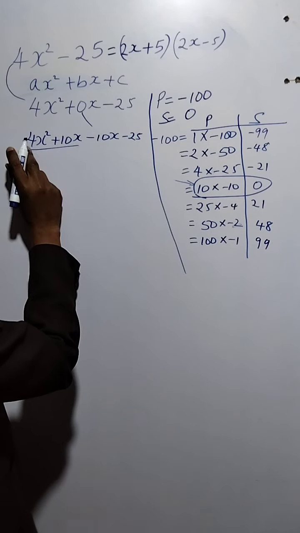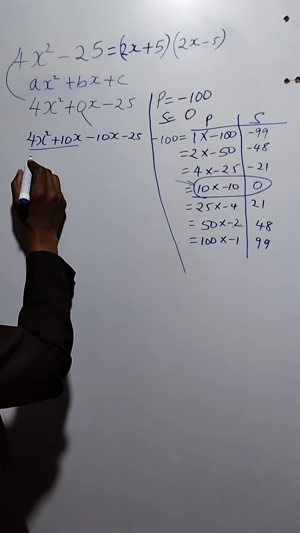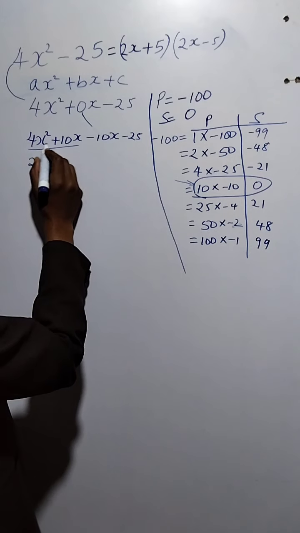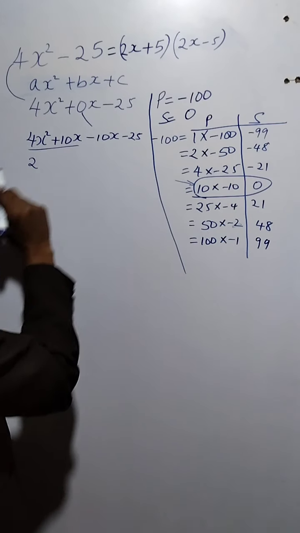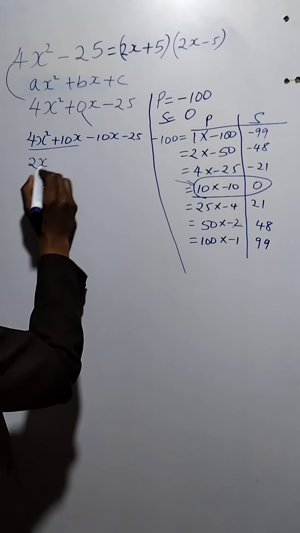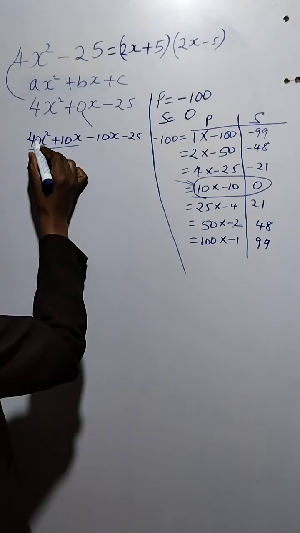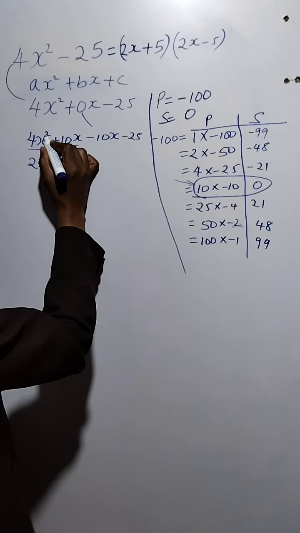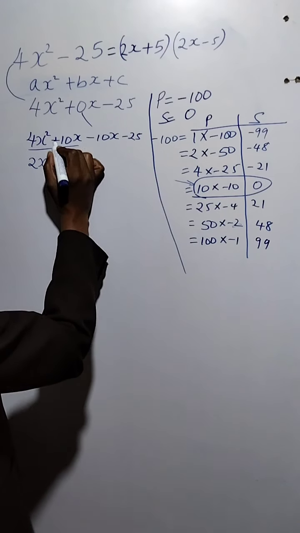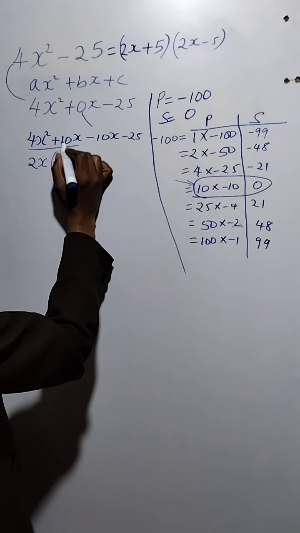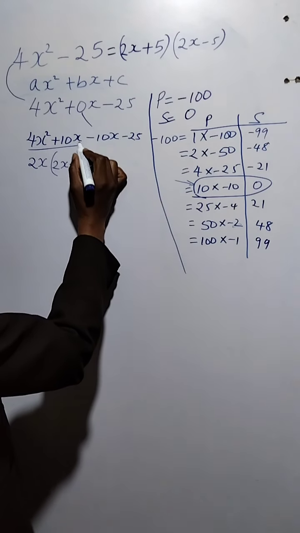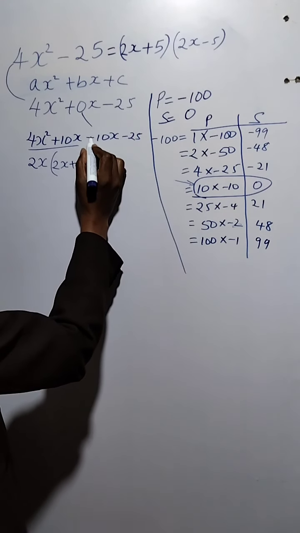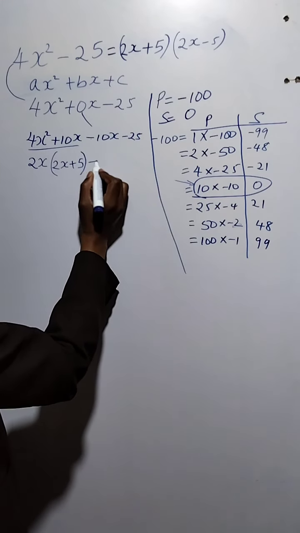So we shall take 2, then x. We can take x as the common factor. So we shall have 2x into this divided by this. 4 divided by 2 gives us 2. X squared divided by x gives us x, plus 10 divided by 2 gives us 5. X divided by x is 1. So it stops there.